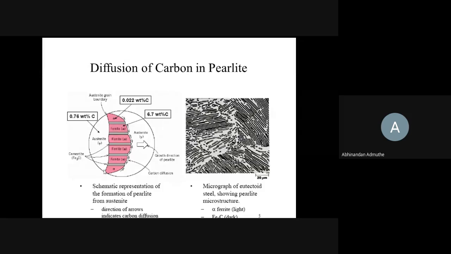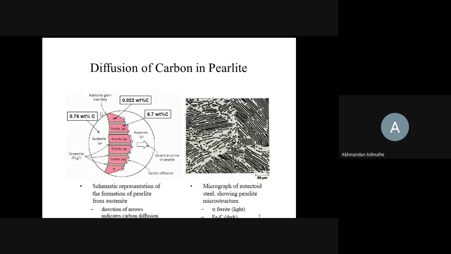First of all, the cementite layer forms. This gray color is the cementite. Why does cementite form first? Because austenite has a good percentage of carbon, up to 2.04 percent. So first cementite forms over the austenite grain boundary.